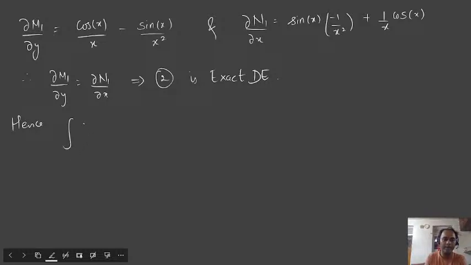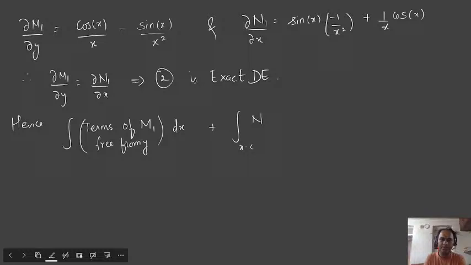So we will integrate terms of M1 free from y dx, plus terms of N, treating x constant.